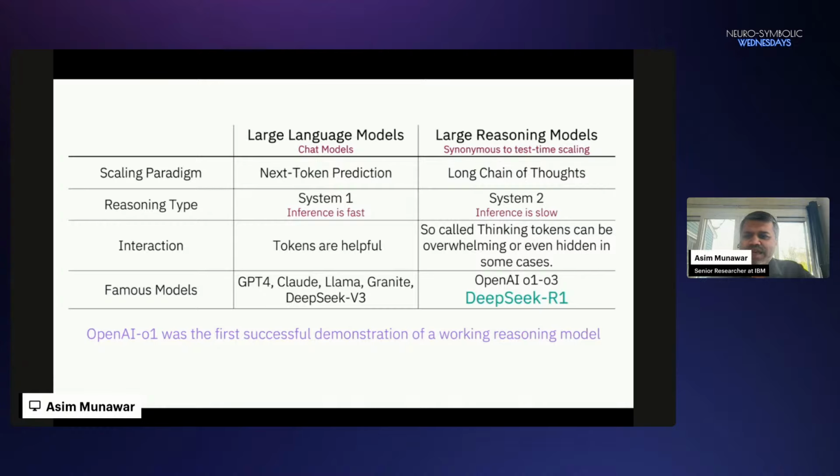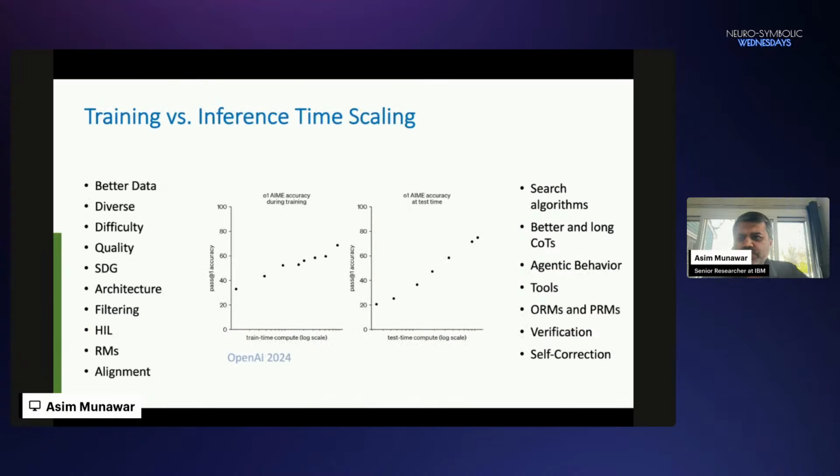And we know the famous models. These slides might be a bit older, so there are newer models available now. But OpenAI made the first successful demonstration of LRM with the O1 models, and then DeepSeek R1, Qwen, all these models made it very famous. This is taken from the OpenAI blog that was published with O1 around October 2024.